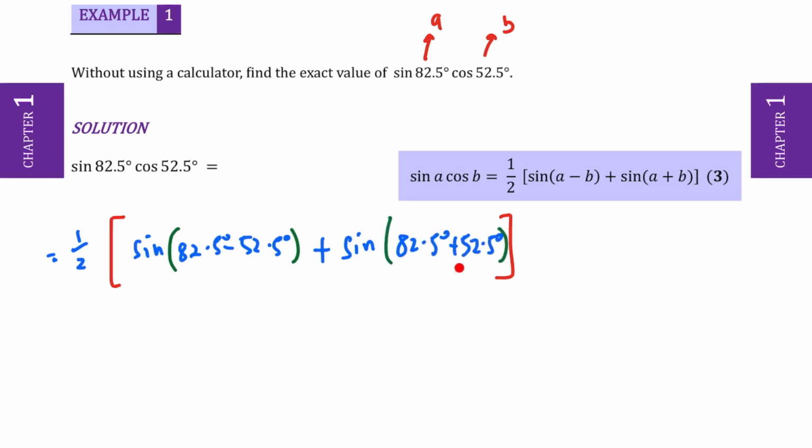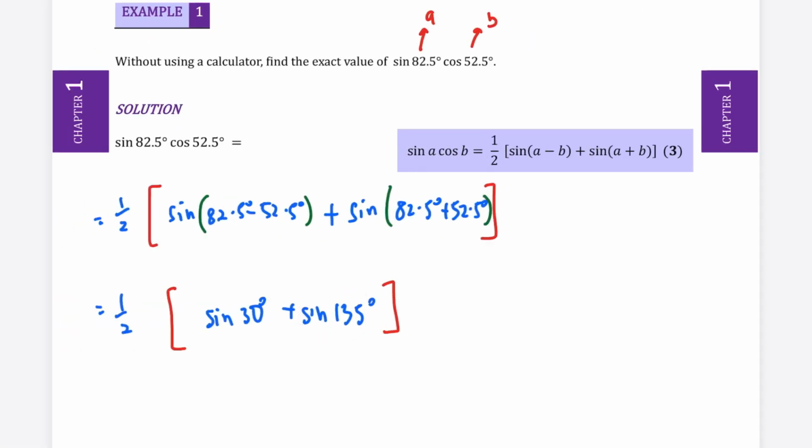Now let's simplify this angle here. You will have half in bracket. This will be sine 30 degree plus sine 135 degree. Next, for sine 135 degree, let's use reference angle. So 135 degree is here in quadrant 2.